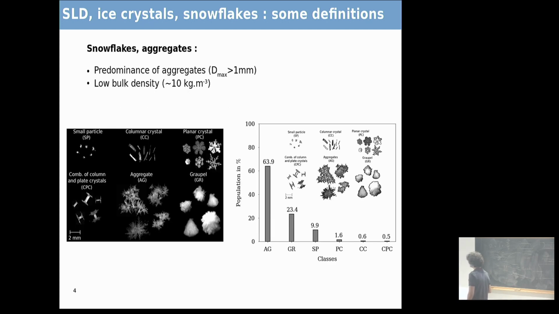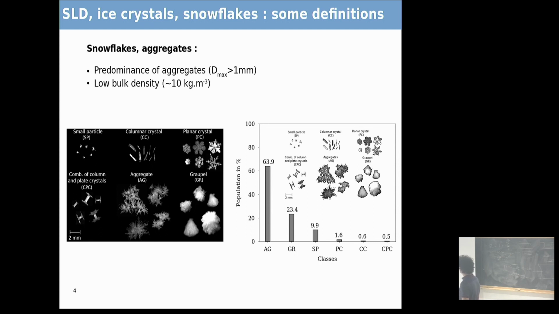And for snowflakes, we had a wonderful presentation on snowflakes, so I will not dare do anything else but just sum up. The snowflakes we want to focus on are aggregates. Why? Because in the atmosphere, for an airplane, it can be shown that it is the most frequent population. More than 60% of the particles are aggregates.